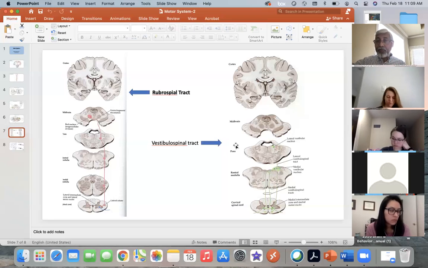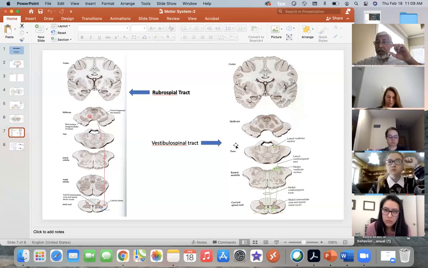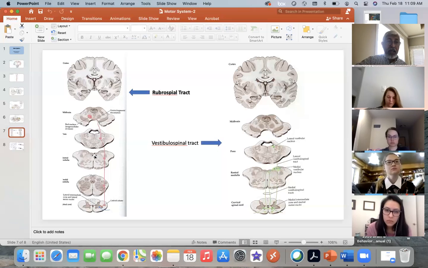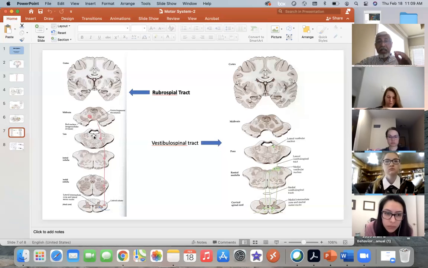One is for the vestibulospinal tract, one is pontine. You see, there are some reticulo. Do you remember I mentioned a tract called reticulospinal? In the pons and the medulla, there are some areas we call reticular formation. Now there are some tracts that arise at the reticular formation of the pons and medulla, and they come down to the spinal cord.